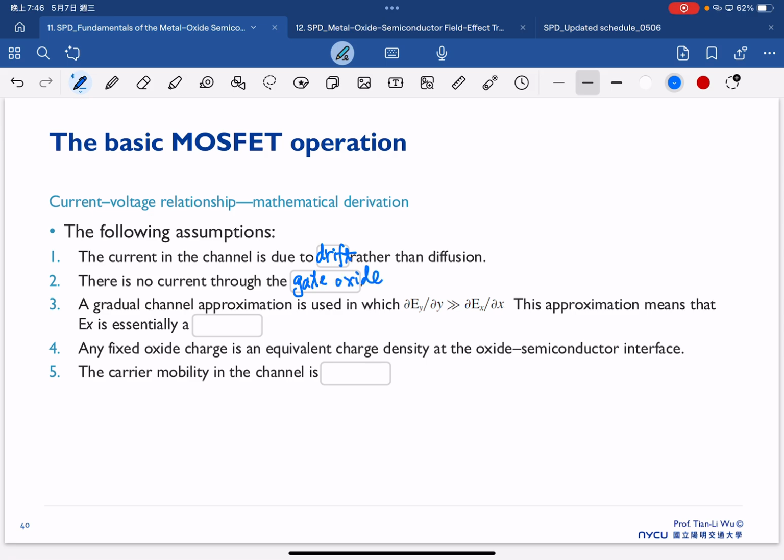And third, a gradual channel approximation is used in this case. This approximation means that EX, the electric field in the X direction, is constant. Any fixed oxide charge is an equilibrium charge density at the oxide semiconductor interface. And the carrier mobility in the channel is constant as well.